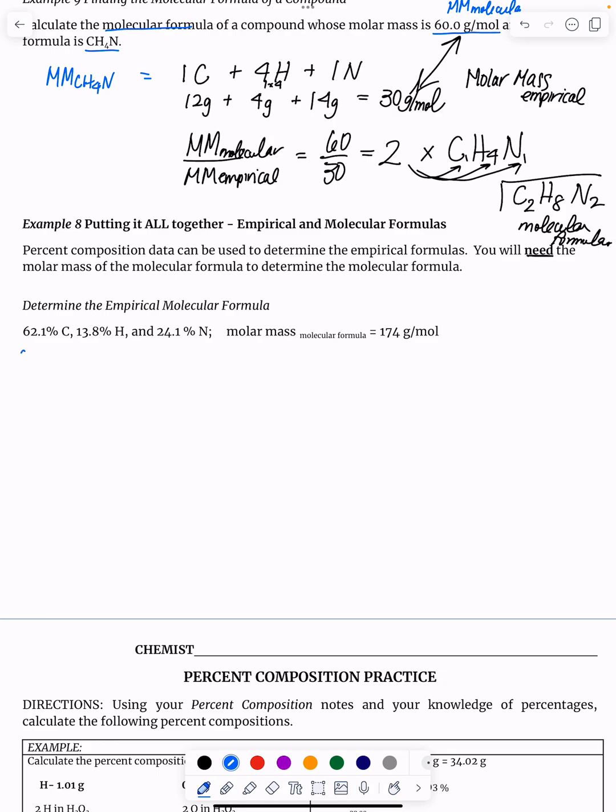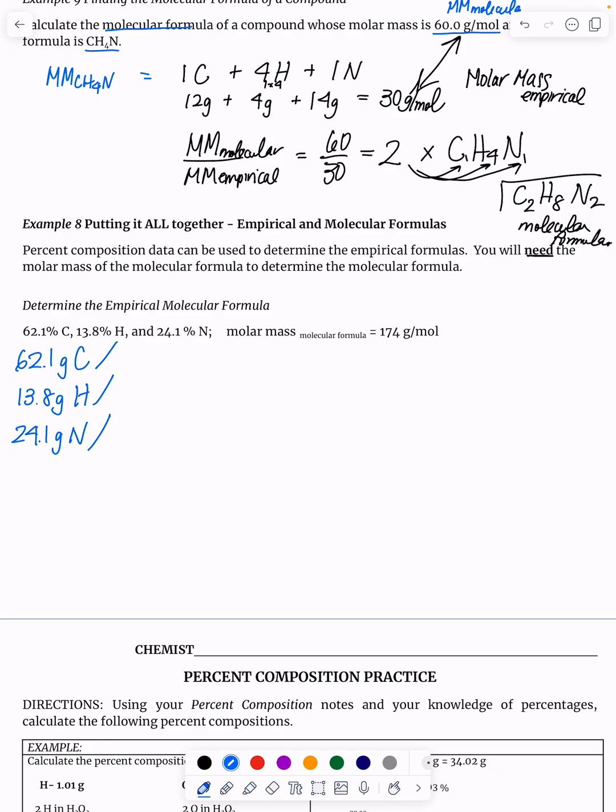So here we go. We got 62.1% carbon, which is 62.1 grams carbon. We got 13.8 grams hydrogen from the 13.8% hydrogen. And we got 24.1 grams nitrogen from the 24.1%. We're going to divide by their molar masses quickly here. So 62.1 divided by 12. Just got to plug this into a calculator.